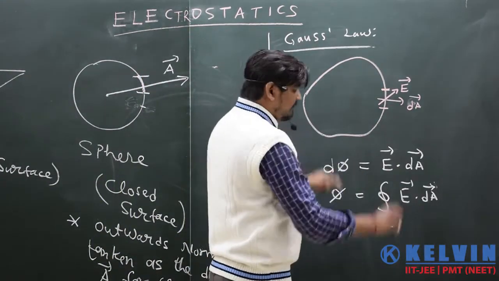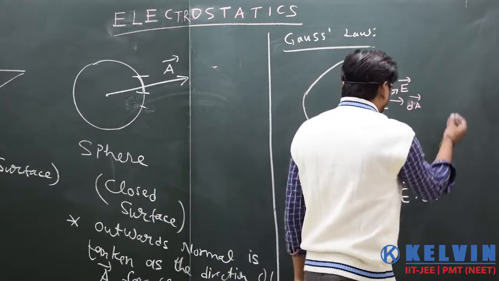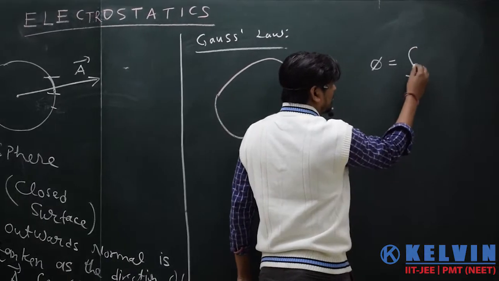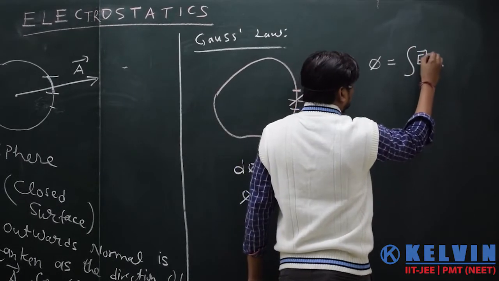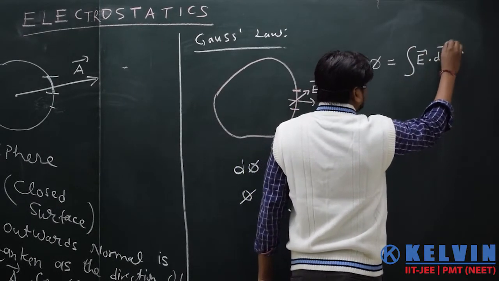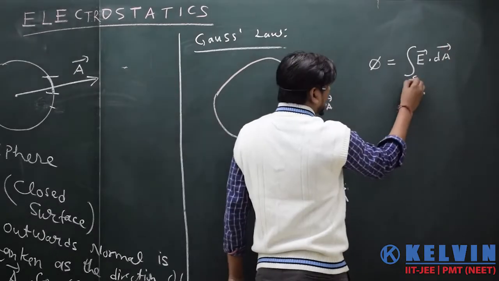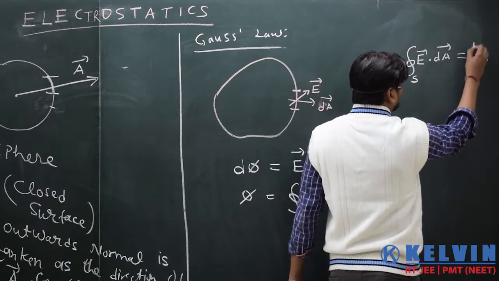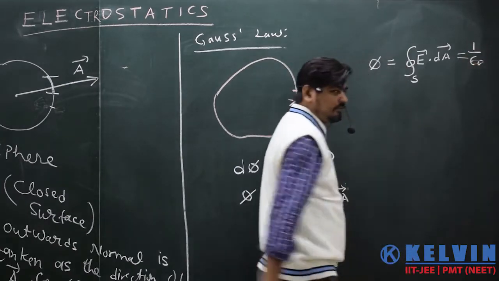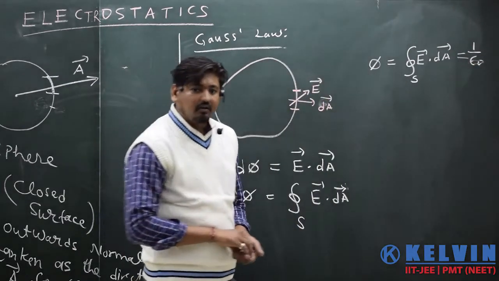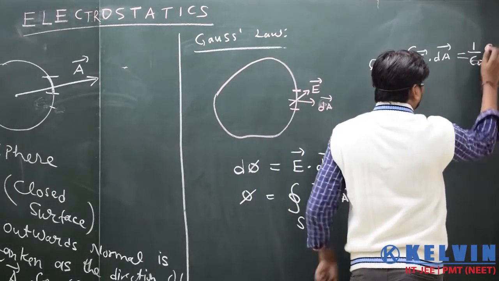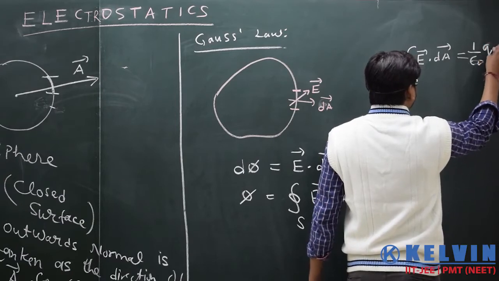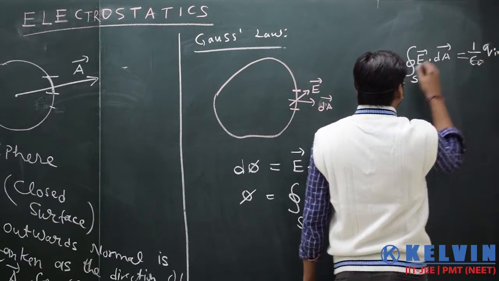So I am first writing the law itself: the total flux is the closed-surface integral of E vector dot dA vector, and it is equal to 1 upon epsilon naught times the charge enclosed, Q inside, right?